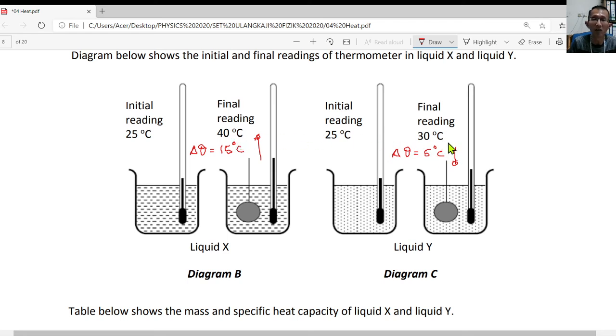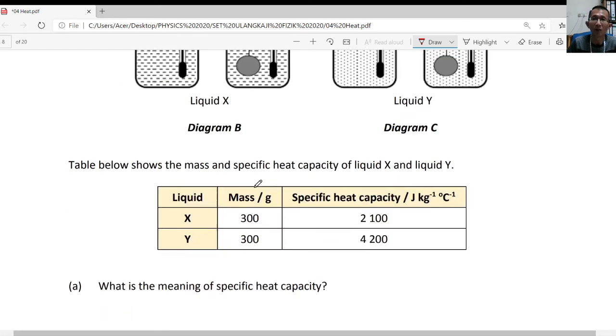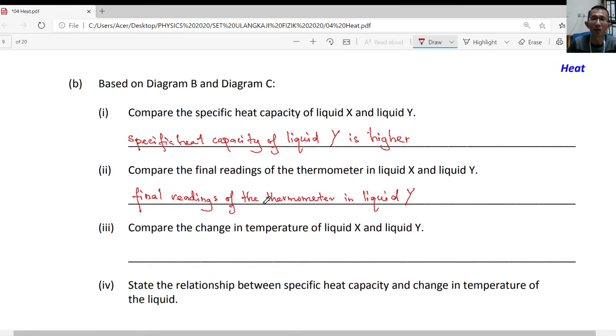So liquid Y is lower, correct? So the final reading of the thermometer in liquid Y is lower than that in liquid X, right? I purposely choose liquid Y, here down here is liquid Y, for a good reason later on.